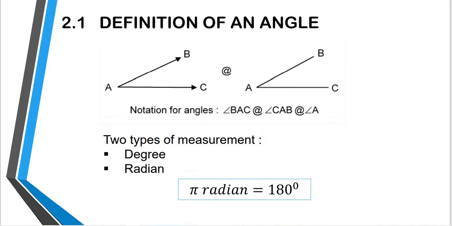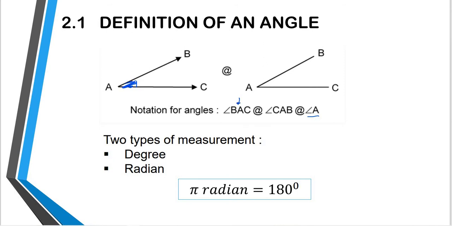The details of chapter 2 are in the book. The definition of an angle. Notation for angle: BAC, or it can be written as CAB, or it can be written as angle A, meaning that this is the angle. If it is noted, the notation is BAC, so you focus on the middle letter.